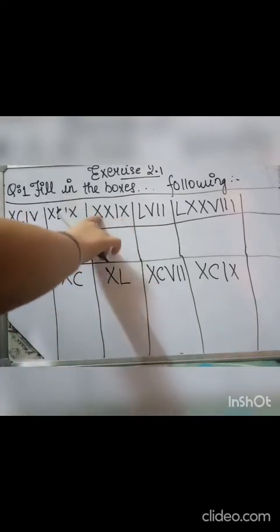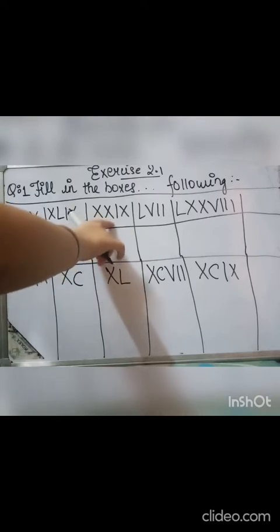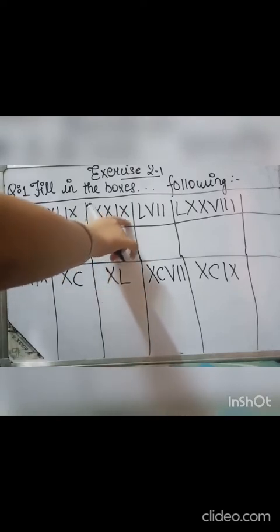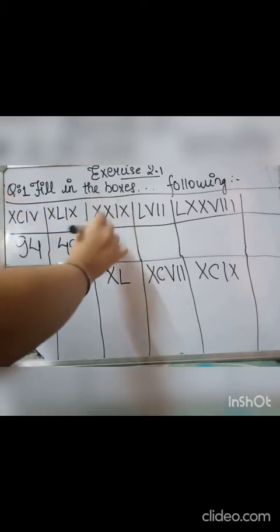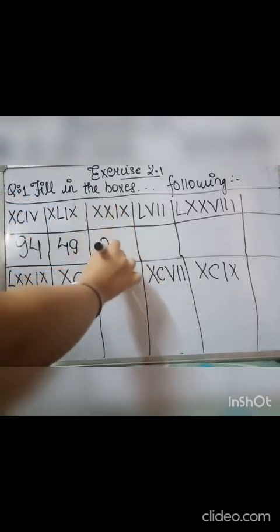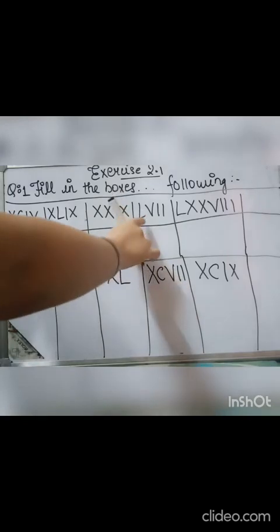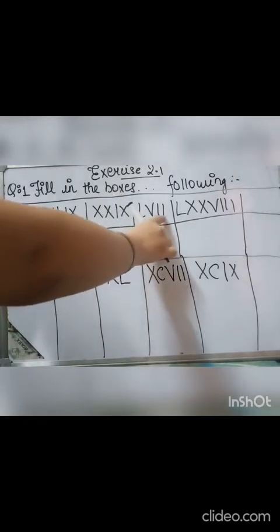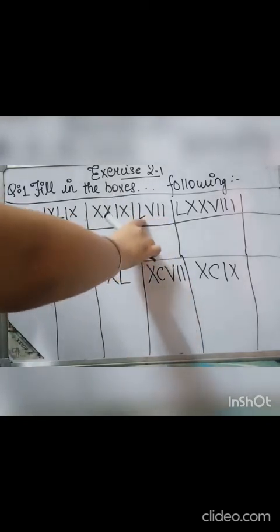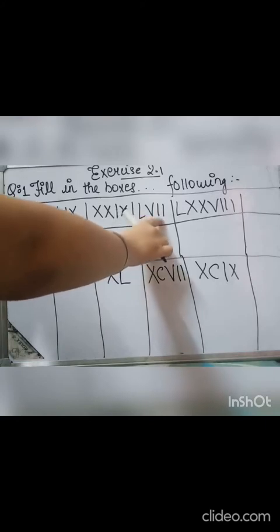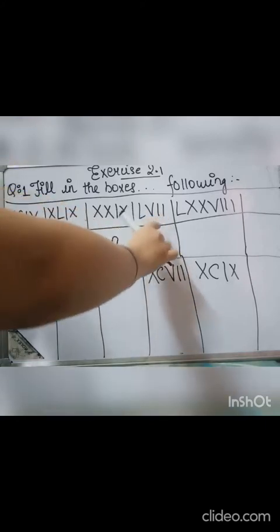XXIX. X means 10. This X also means 10. 10 plus 10, 20. And 1 subtracted from X means 9. So 29. LVII. L means 50. V means 5. And II means 2.